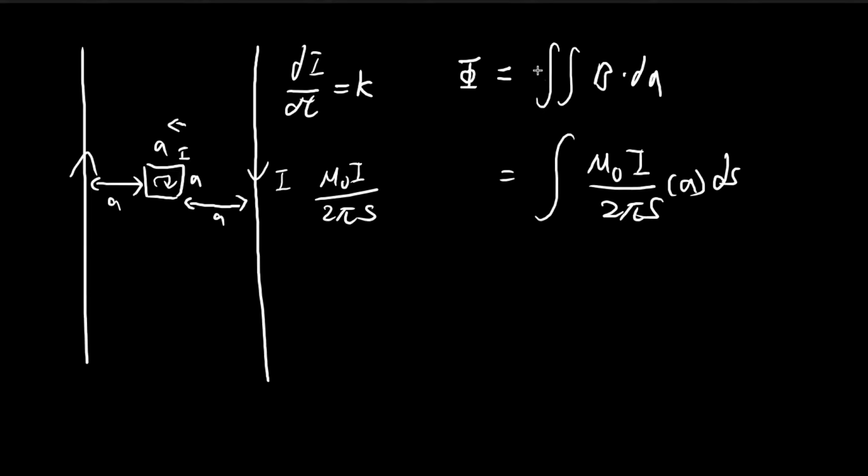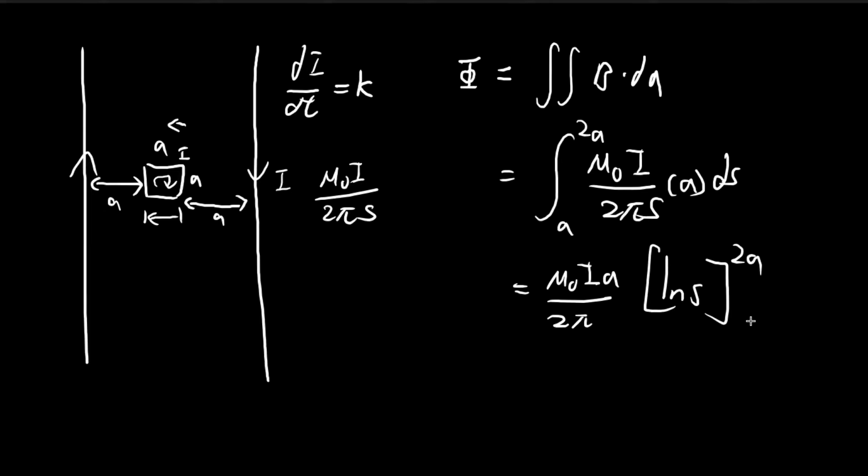Since I've taken away one dimension, I can strip this down to just one integral, and the bounds go from A to 2A, like from here to here. Integrating this is simple enough. I have natural log of S, 2A divided by A, and once you evaluate this, you'll find that this is equal to natural log of 2. So this is the amount of flux going through this region because of this wire.